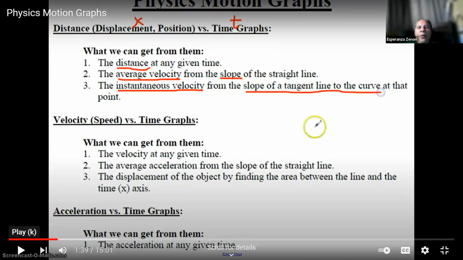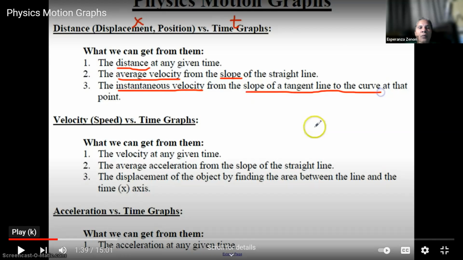So that last point, number 3, we would not be having to find at this level of a course. You wouldn't have to calculate instantaneous velocity from a graph at all. Again, like I mentioned, if there's a need to use the instantaneous velocity value, it will be provided to you.